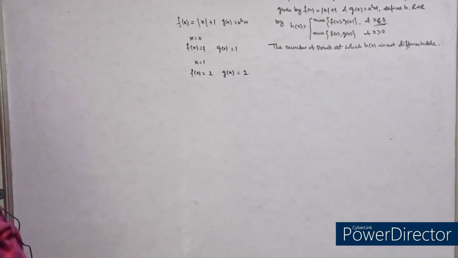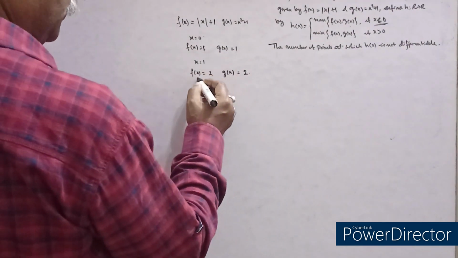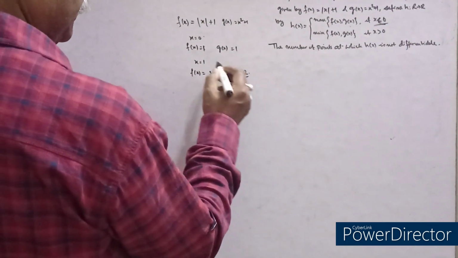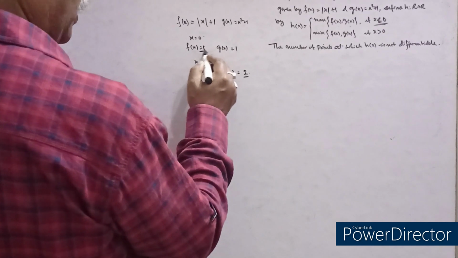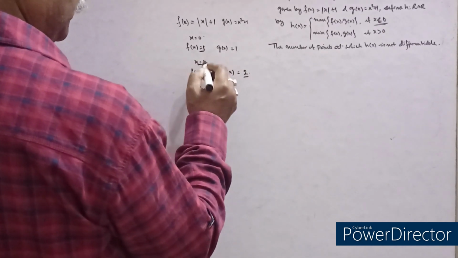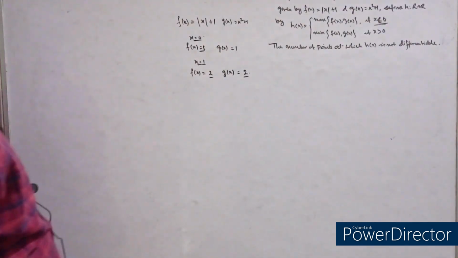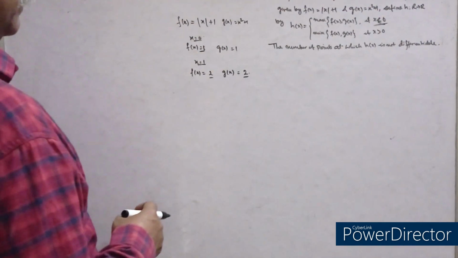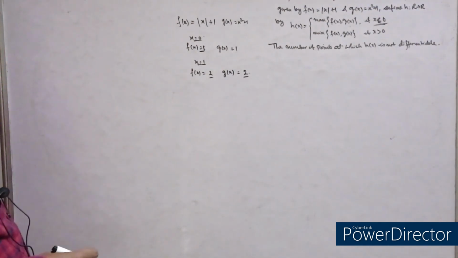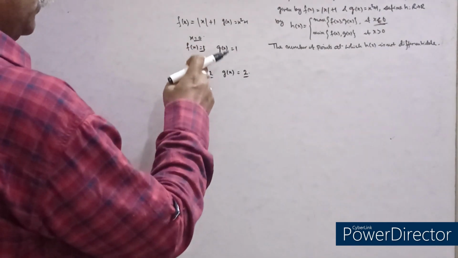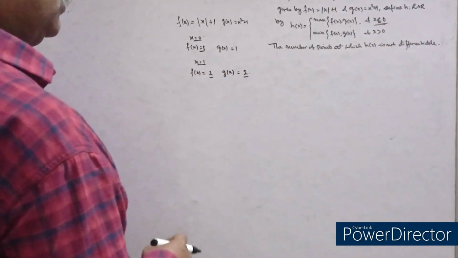So from here we find that these are the points of intersection of the two graphs: at x equal to 0 and at x equal to 1, these are the points of intersection of the two graphs.